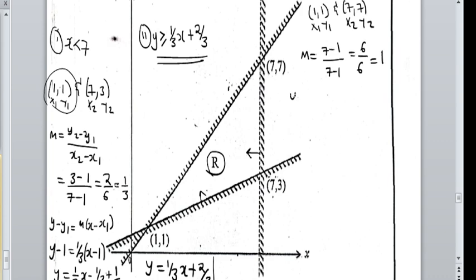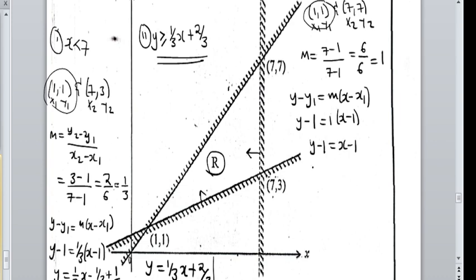To now find the equation, I'll say y minus y1 should be equal to m times x minus x1. So y minus 1 is equal to 1 times x minus 1. Making y the subject, it becomes x minus 1 plus 1. Then this becomes y is equal to x.